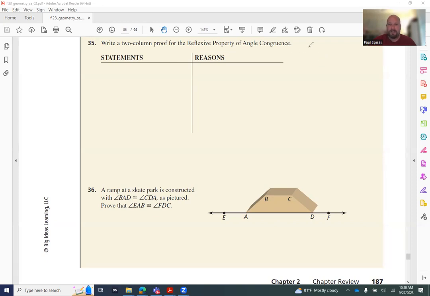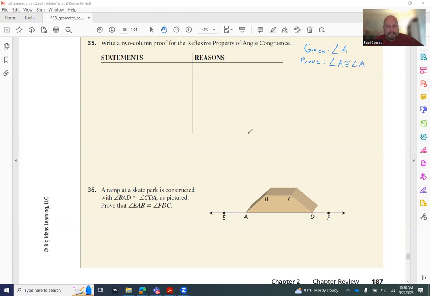Well, what angle is that? So we need to write out what we're trying to prove with what we're given. So given, prove, and say we're just given angle A. Great. What are we trying to prove? We're trying to prove that angle A is congruent to itself. Angle A is congruent to angle A.